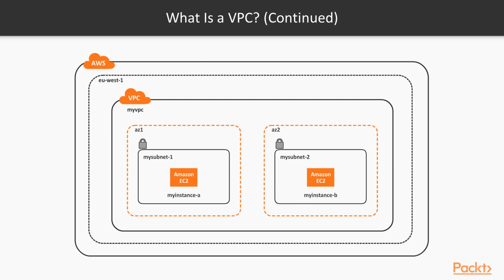Now, those subnets can host, as you know, multiple resources like EC2 instances. An EC2 instance needs to belong to a subnet. So we have my instance A that is on my subnet 1, which is in availability zone 1, and then you have another instance B on subnet 2 in availability zone 2.